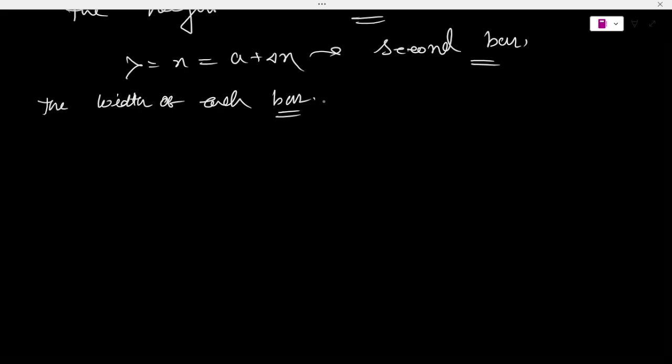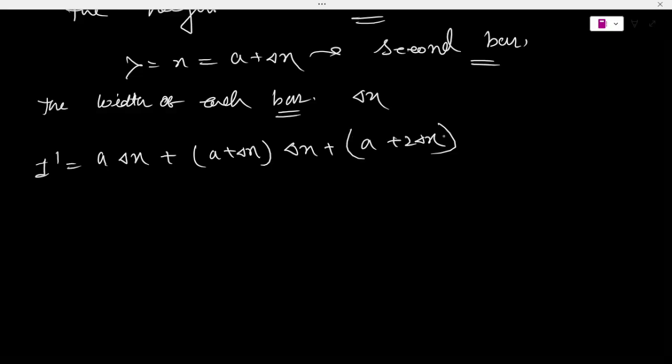The width of each bar will be Δx. So the sum I is equal to f(a)Δx + f(a+Δx)Δx + f(a+2Δx)Δx + ... + f(a+(n−1)Δx)Δx.